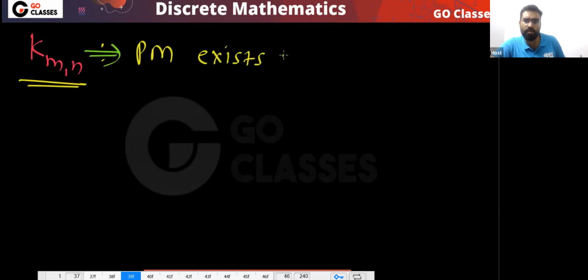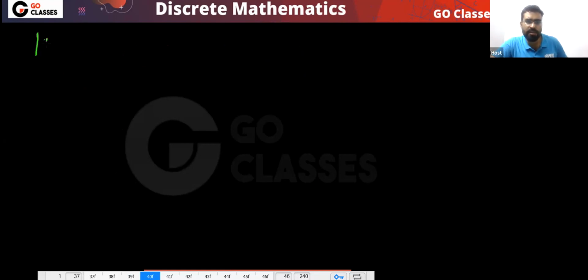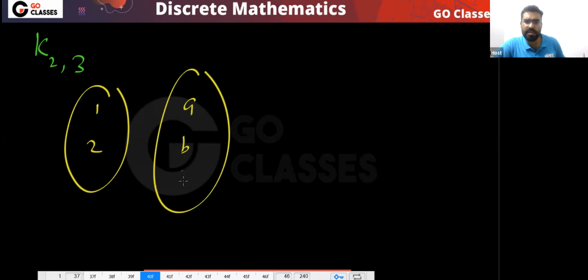In K(m,n), perfect matching exists if and only if... just think about it. This is your complete bipartite graph. Tell me, in this K(2,3), with vertices 1, 2, A, B, C, is it possible to have a perfect matching? Can perfect matching exist in this graph?